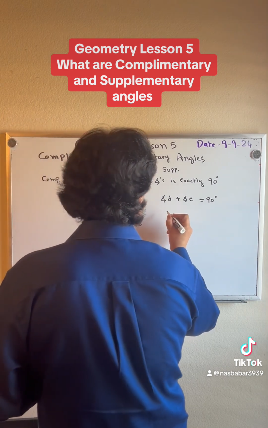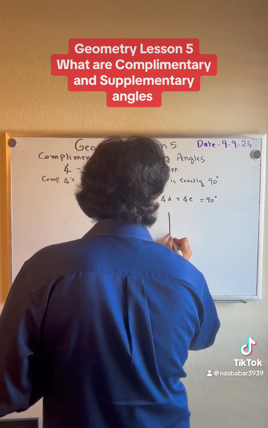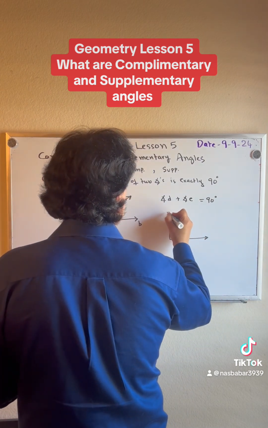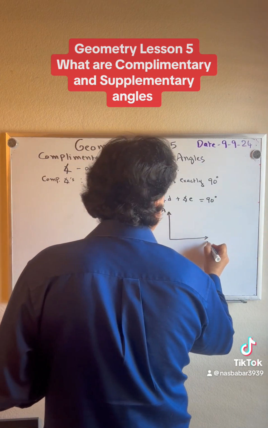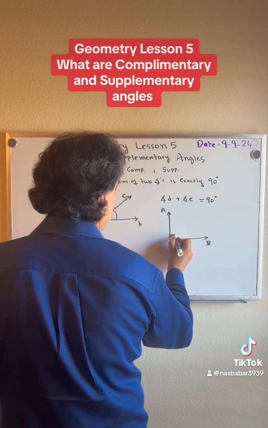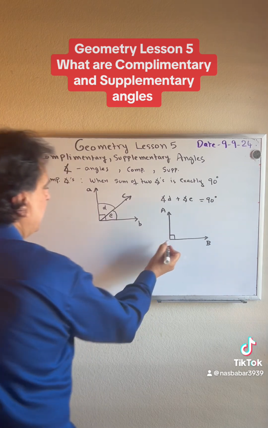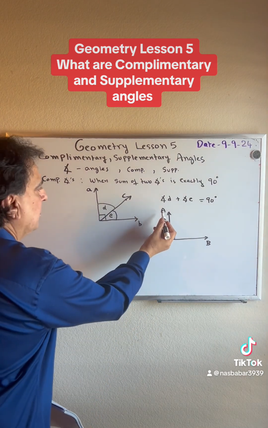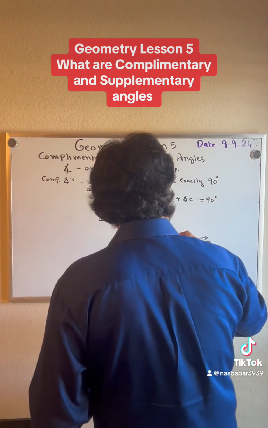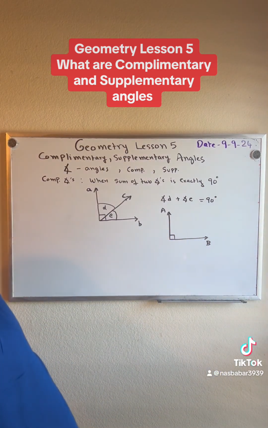Let's look at an example. Let's say you have something like this. I call this A, call this B, and this is basically a 90-degree angle. This is perpendicular to this right here. If I draw an angle like right here, let me draw that in green.